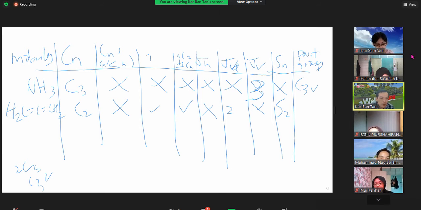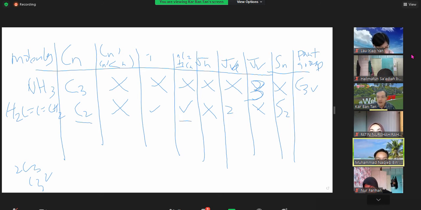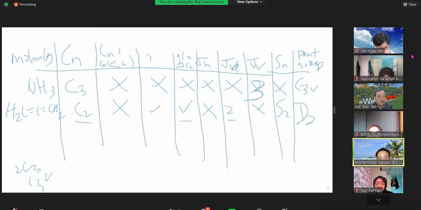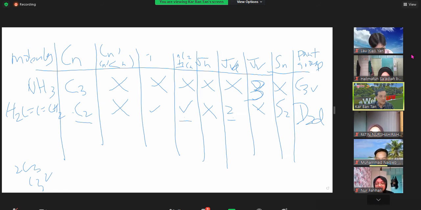Look at the information you have. D2d. C2, perpendicular, so D group. Then D2. D2d. Easy, isn't it, guys?